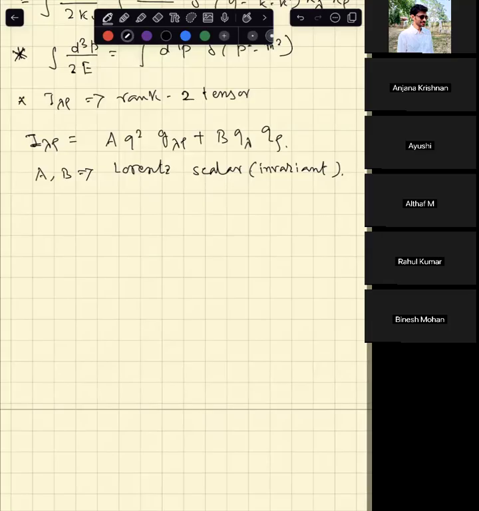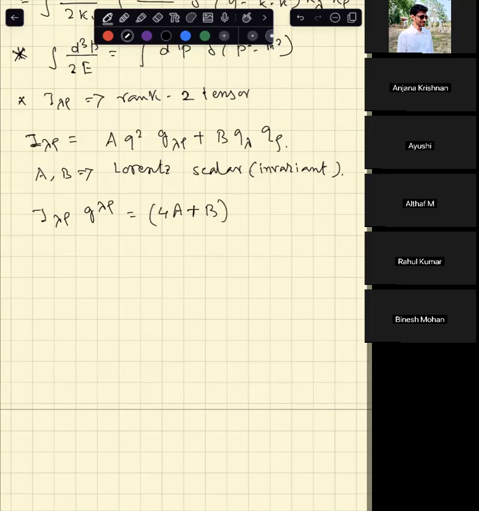So then, you can see that you can write both of these quantities in terms of g lambda rho. If you calculate g lambda rho and do this kind of contraction, then since the space-time has 4 dimensions, you will get 4A plus B, and the q lambda q rho contracted with g lambda rho will give you q lambda q lambda, which is q square.